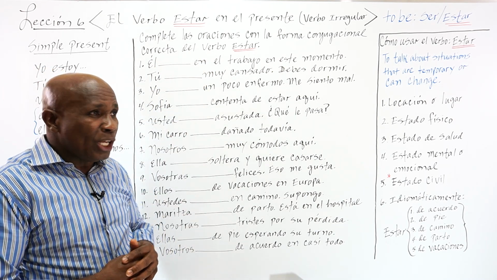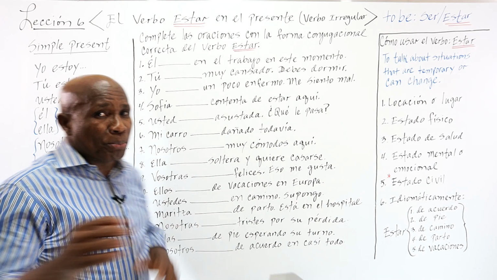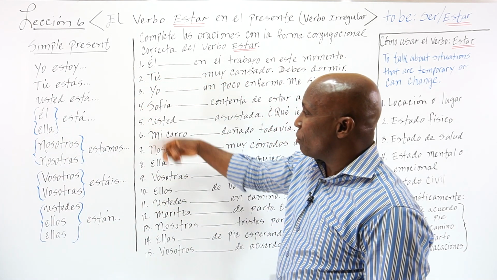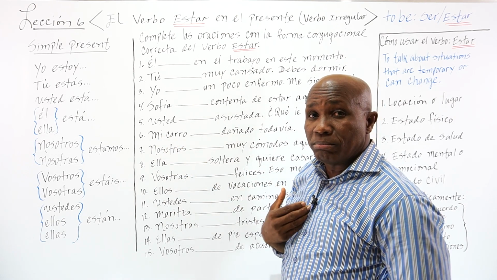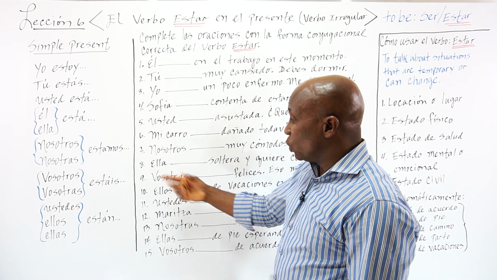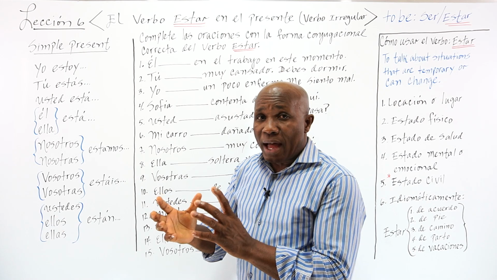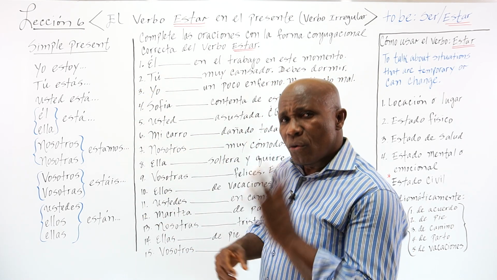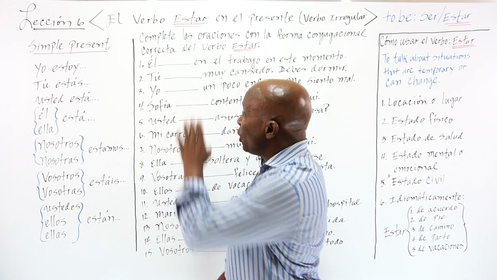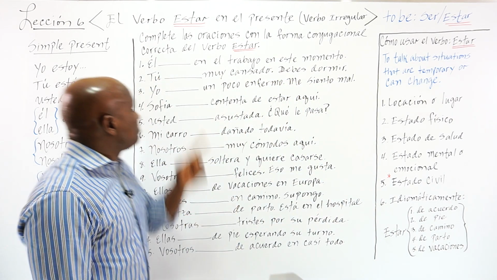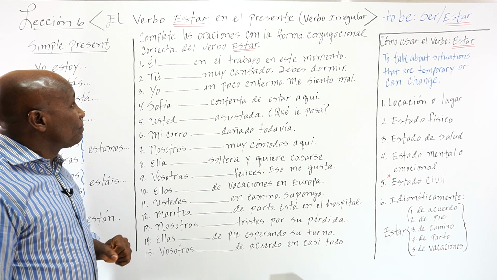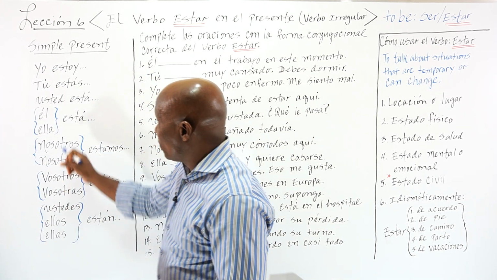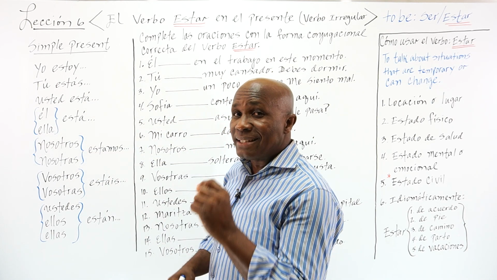Depending upon the pronoun or the noun that we use, like él, tú, yo, Sofía, usted, mi carro, nosotros, ella, we are going to use the correct form. For example, the first one, él. Él está.